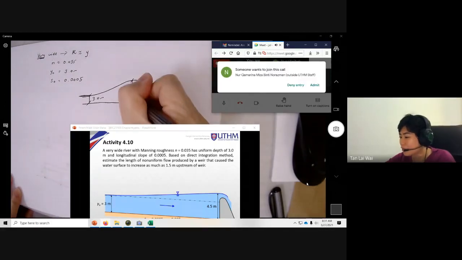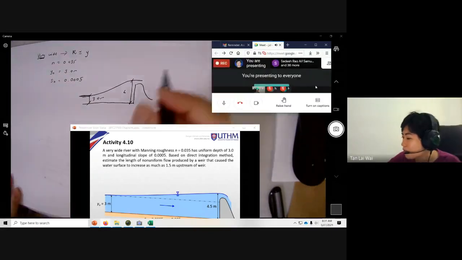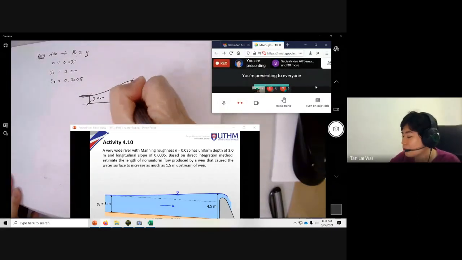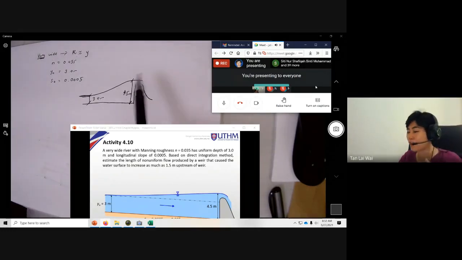That means 3 plus 1.5 is 4.5 meter. So you need to draw this out. Here's the thing, you need to read the question properly. It says increase as much as 1.5, that means 3 plus 1.5.